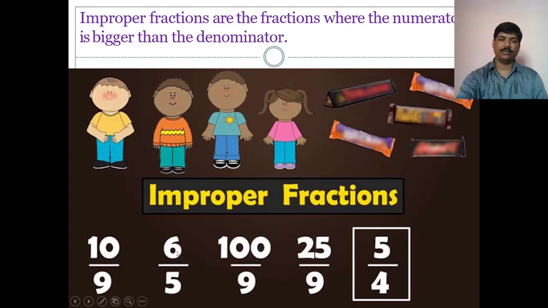Here the numerator is 6 and the denominator is 5. Here the numerator is 100 and the denominator is 9. So in all these fractions we observe that each fraction's numerator is greater than the denominator. So all these are improper fractions.